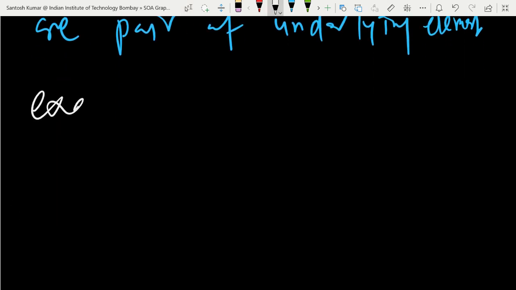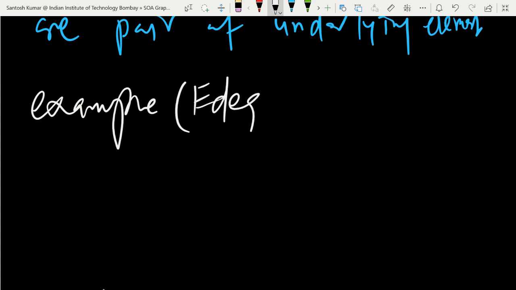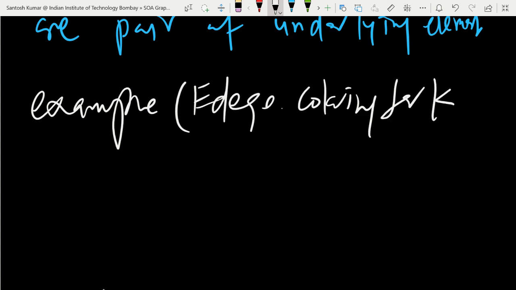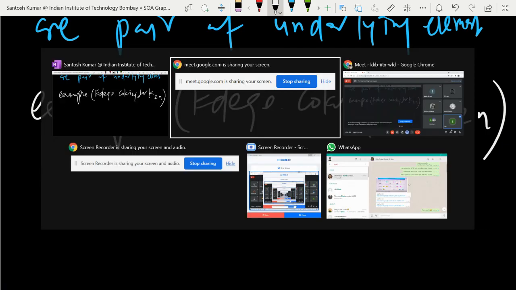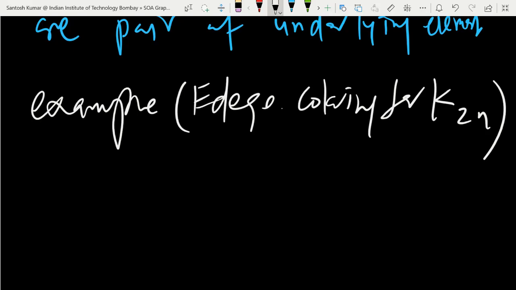Let me discuss one example. The example is an edge coloring for K2n, the complete graph with 2n vertices.